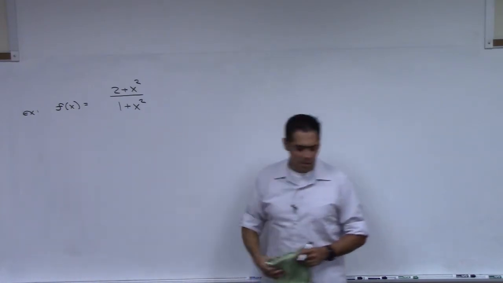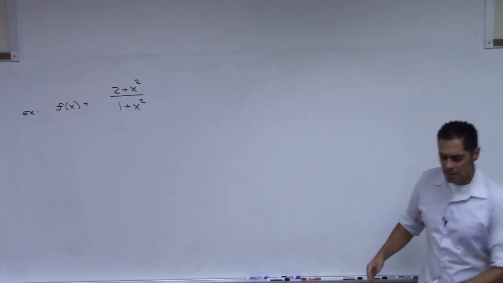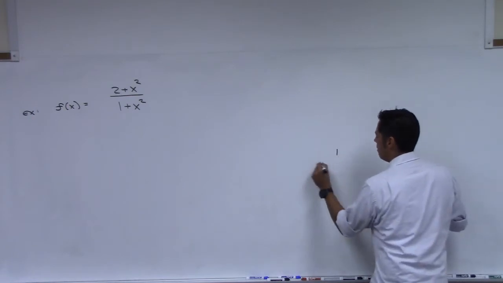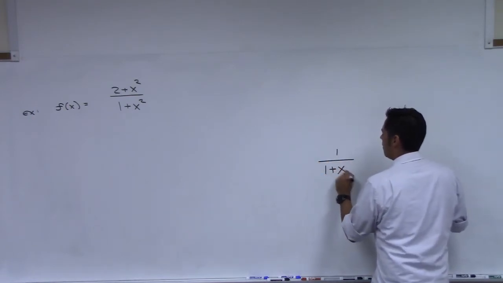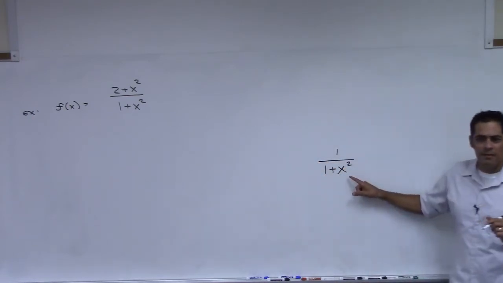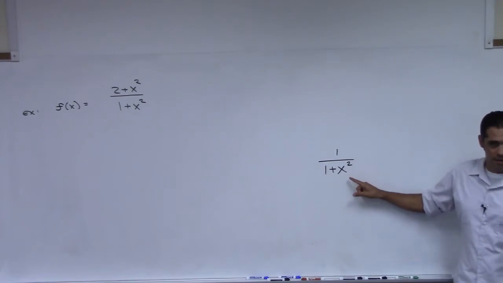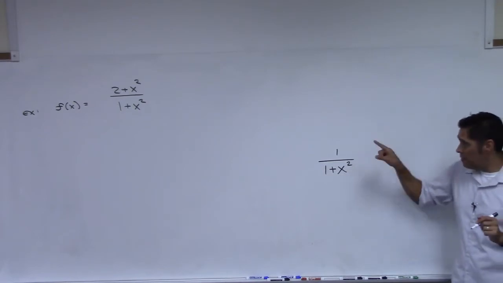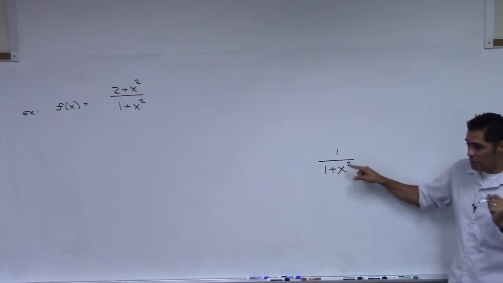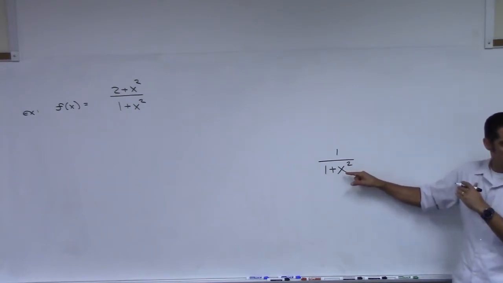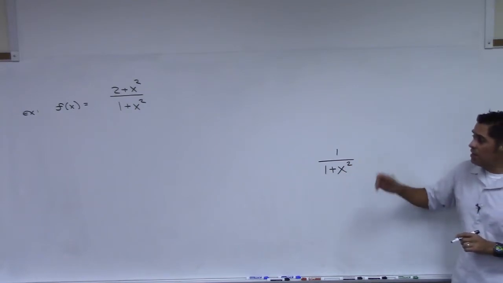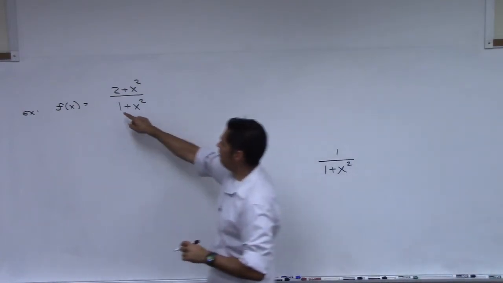The bottom is, oh, okay, so you're seeing that this right here is the derivative of arctangent, right? So the antiderivative of this is arctangent. And you see 1 plus x squared here?